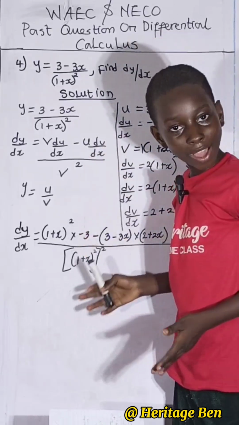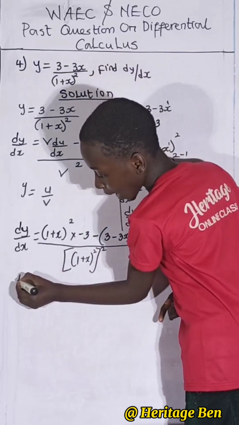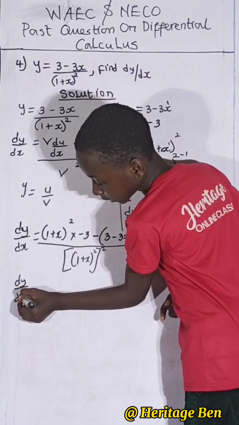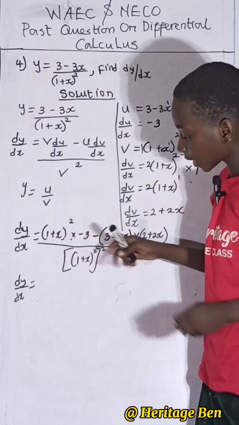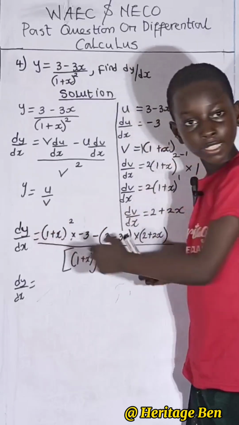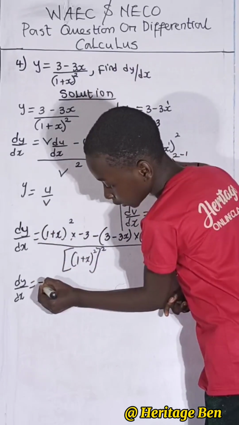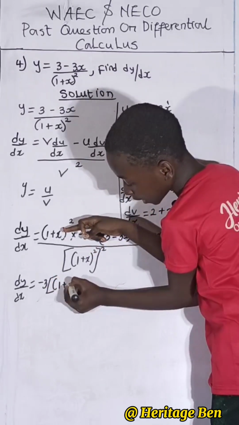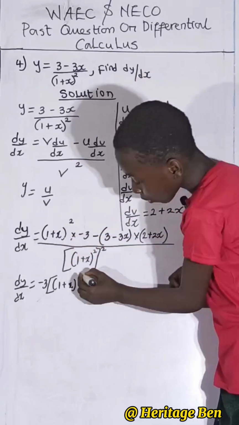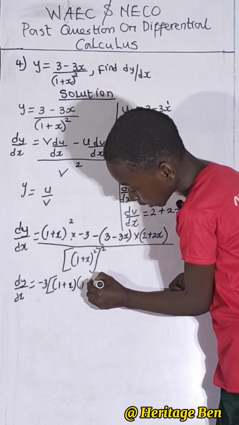Now let's simplify further. So dy/dx is equal to, now let's open this bracket, let's bring this minus 3 here, minus 3 (1 plus x)(1 plus x).